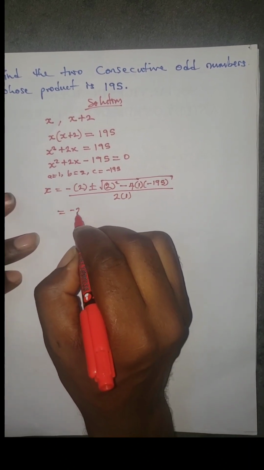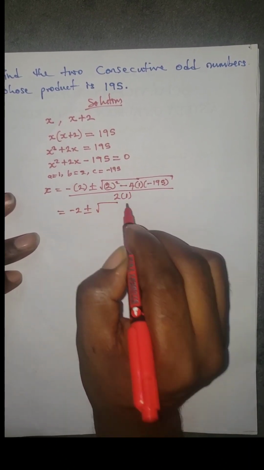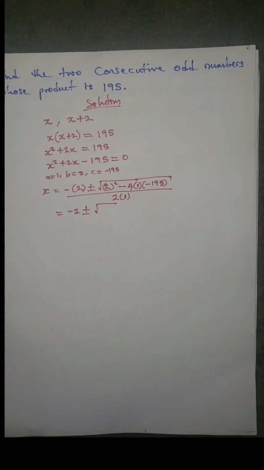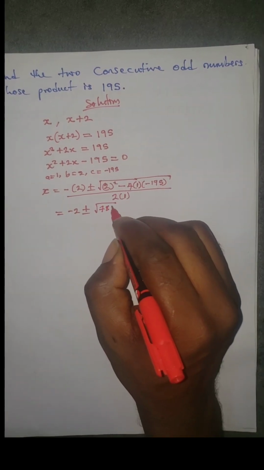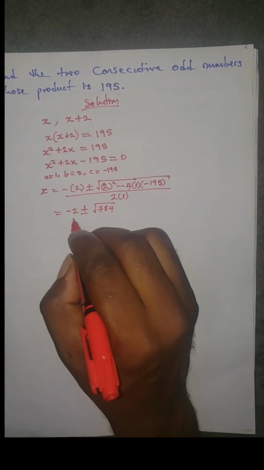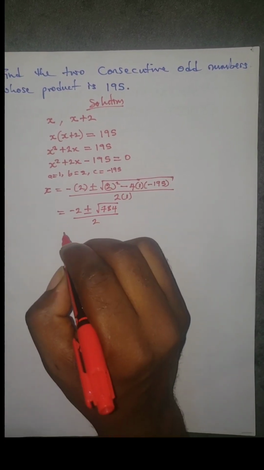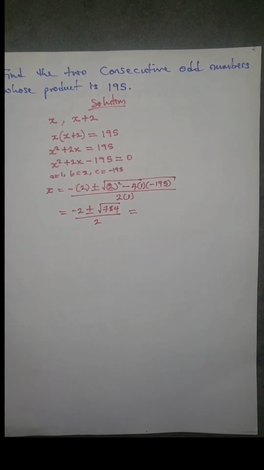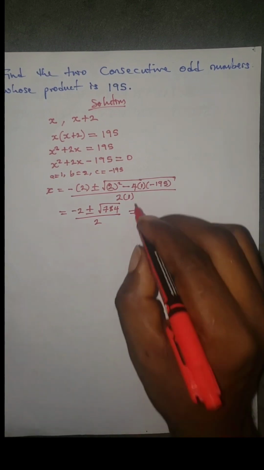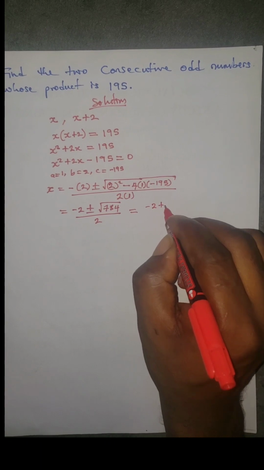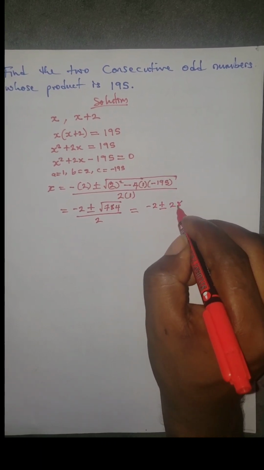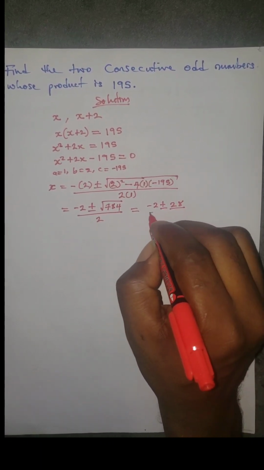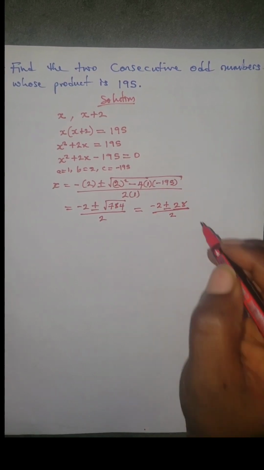So that will give us minus 2 plus or minus the square root of, if you simplify what is inside that bracket, 784, all over 2. The square root of 784 is 28. That will give you minus 2 plus or minus 28 all over 2.